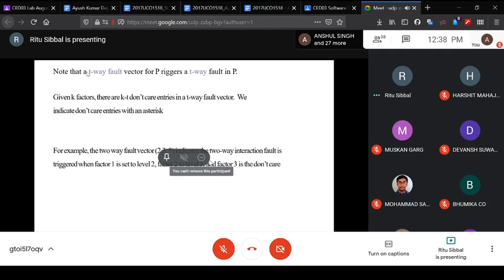So a T-way fault vector will trigger a T-way fault in P. ठीक है ना? तो अगर T-way fault vector है for P, that will trigger a T-way fault.